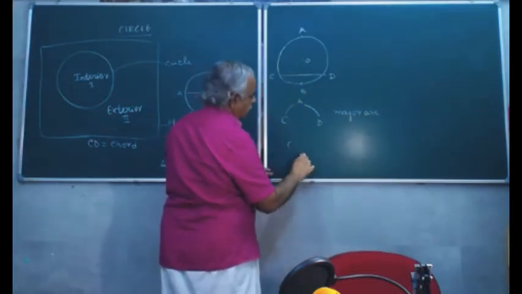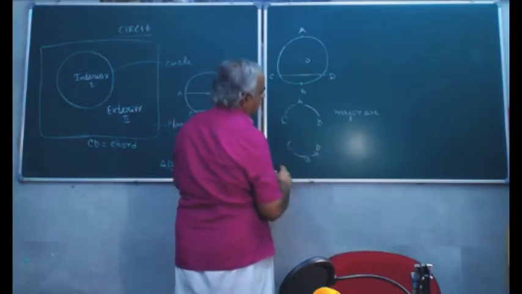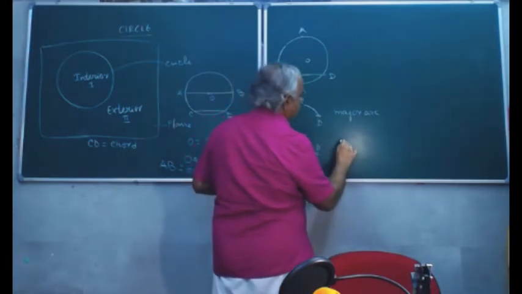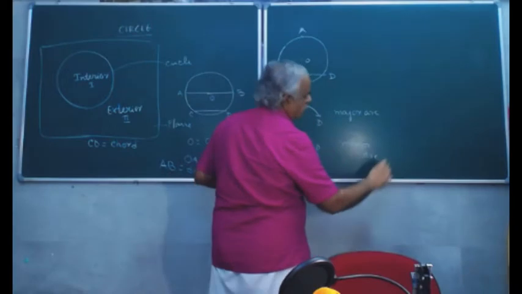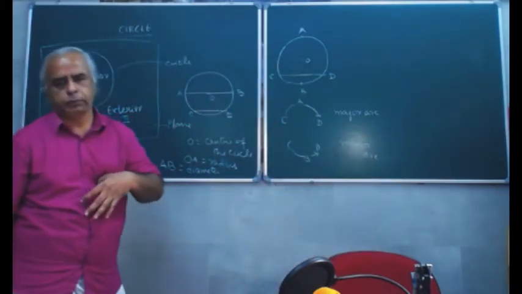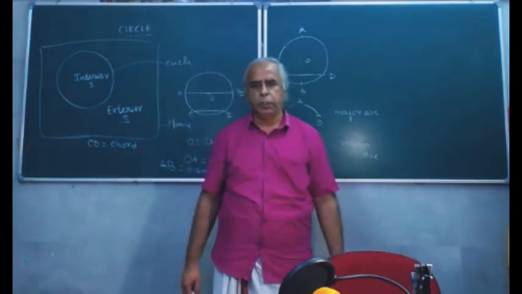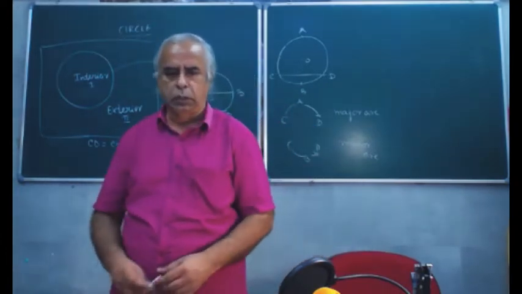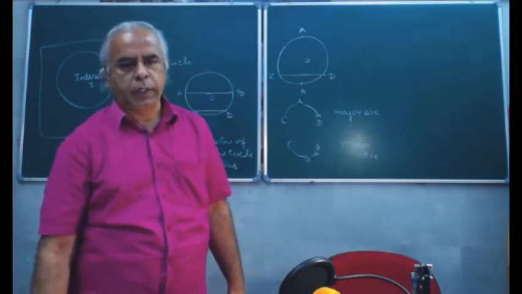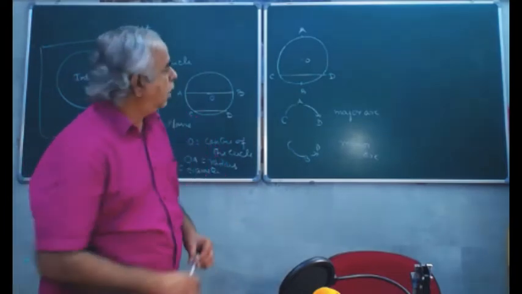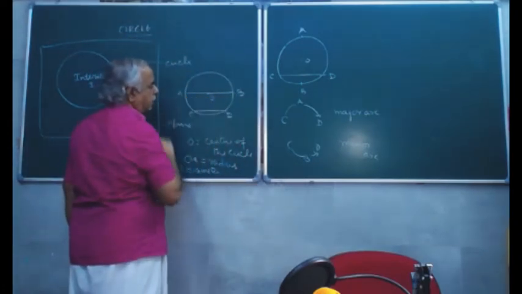Similarly, CBD, this is the minor arc. Major arc, minor arc. In fact, let me consider AB, which is the diameter.